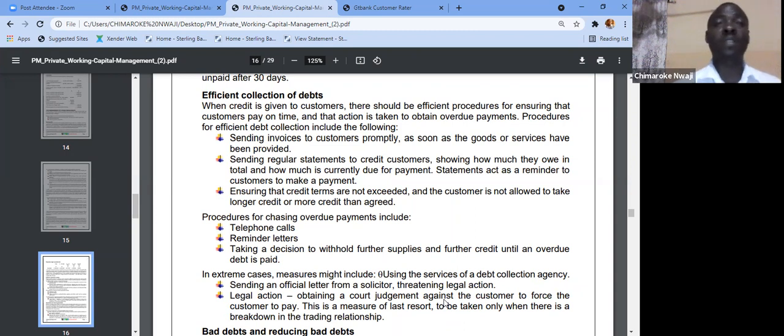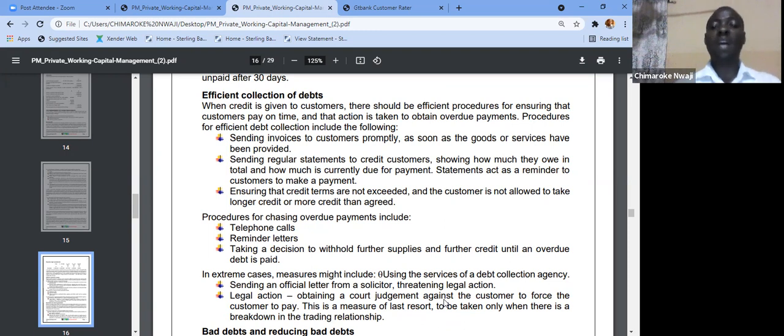So you may have a customer's account: the invoices you sent to the customer during the week, how much you have received from the customer during that week, and the balance. So you need to send a regular statement of account to show how much of the debt is being collected periodically.